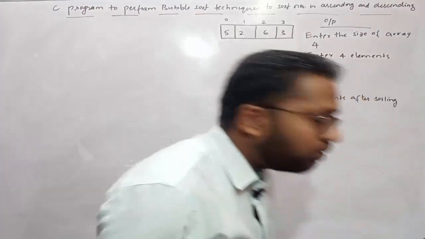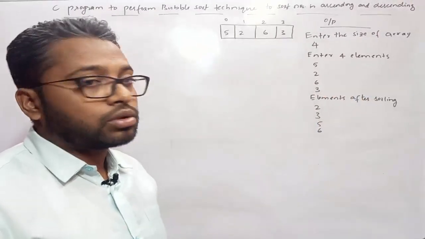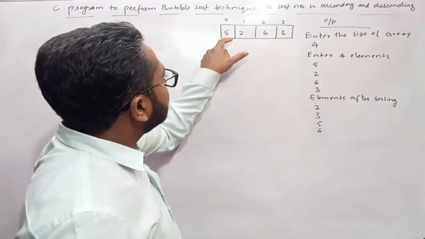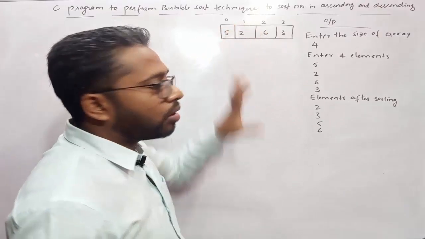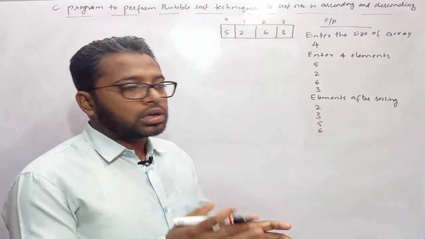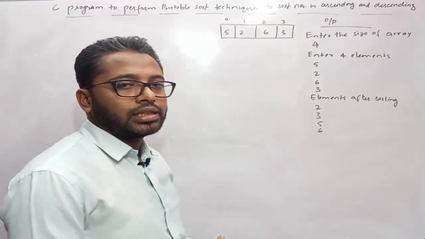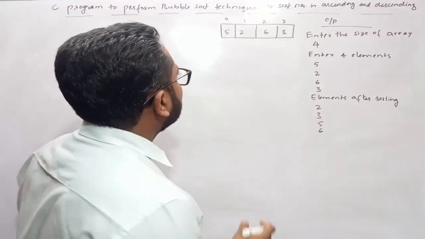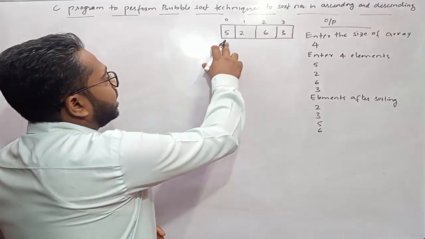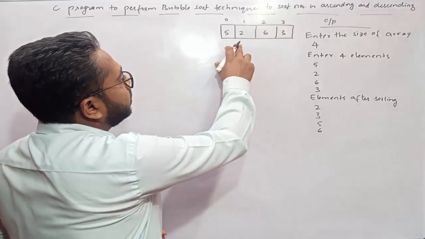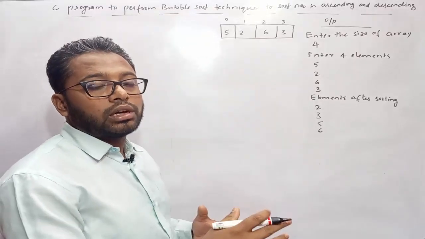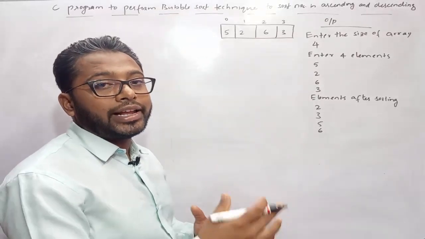Now let us discuss how a bubble sort works. These four numbers I have stored or represented in the form of an array. Let us discuss how bubble sort works to sort these numbers into ascending order. In bubble sort, the first item of an array gets compared with each and every other item of the array, and based on the comparison the swapping will take place.